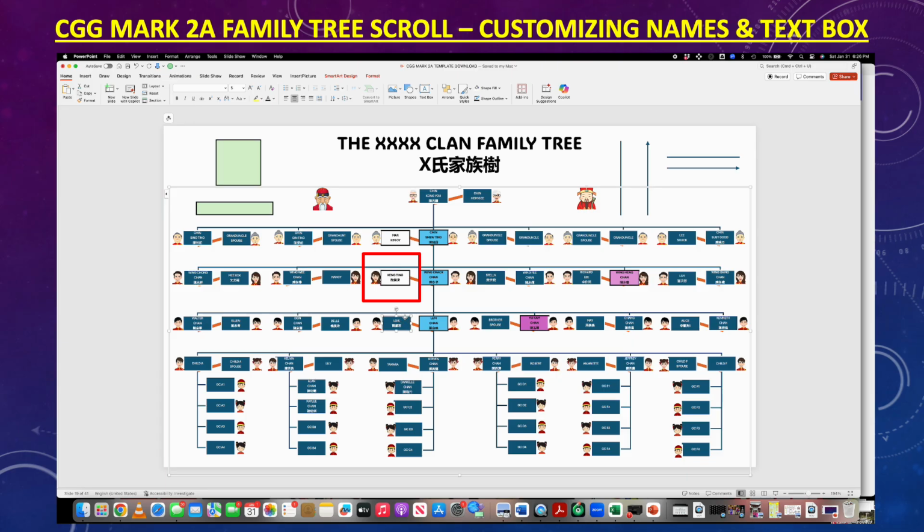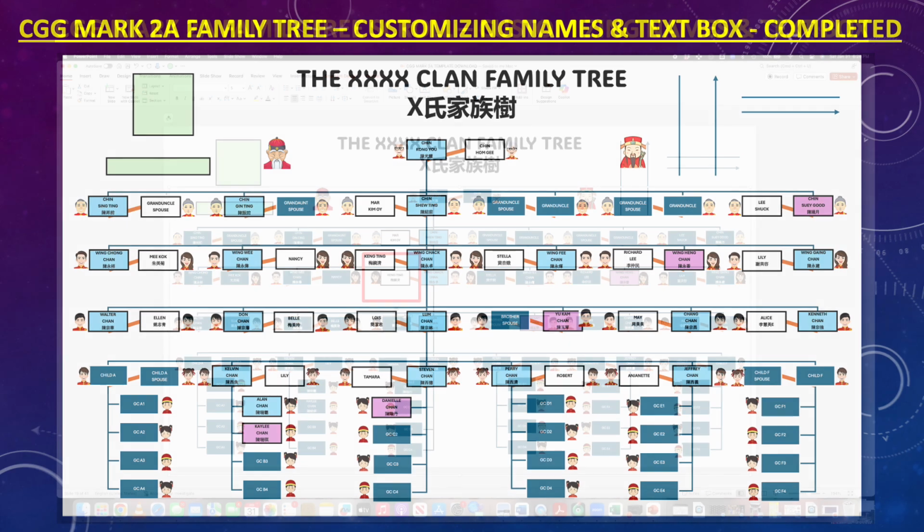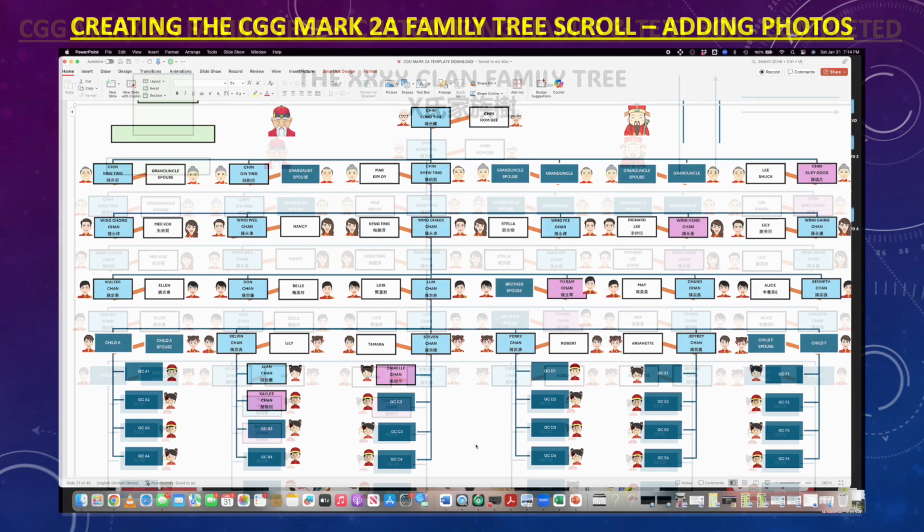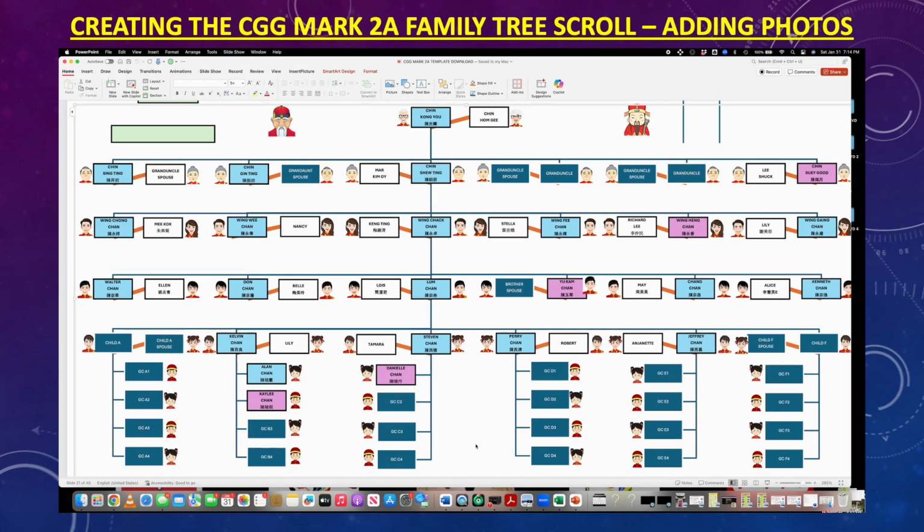Repeat the same process for all spouses. Customizing names and text box. Completed. Creating the CGG Mark IIA family tree.